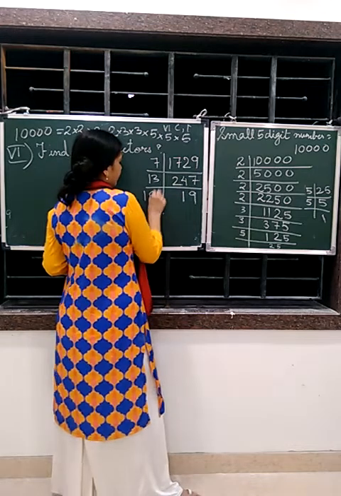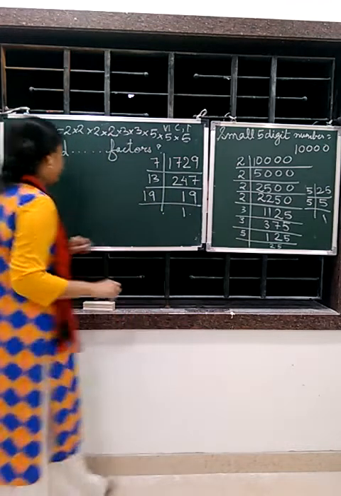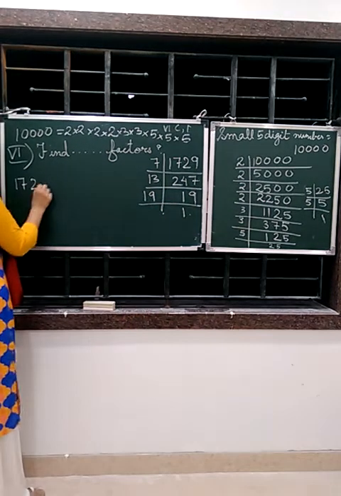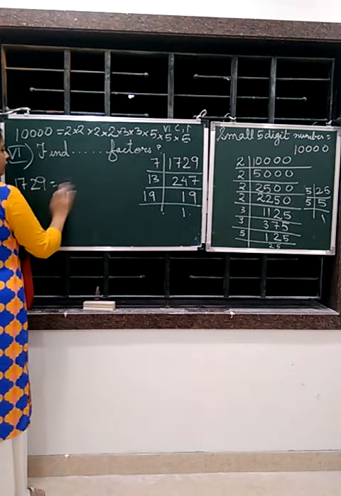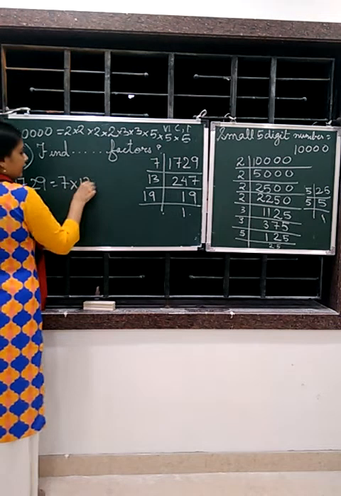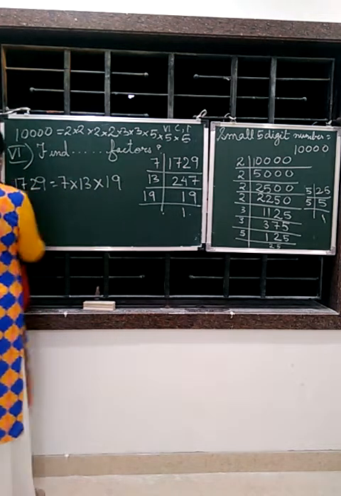This is a prime number, so it will go by itself. So the prime factorization of 1729 is 7 into 13 into 19.